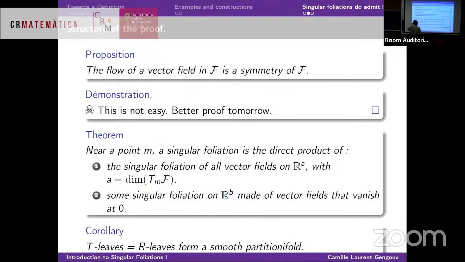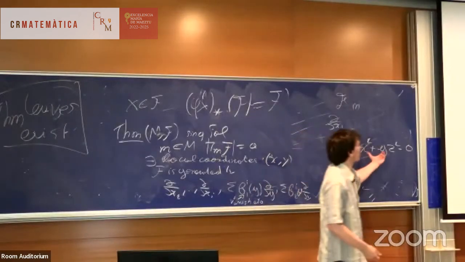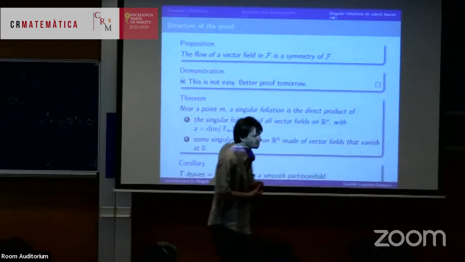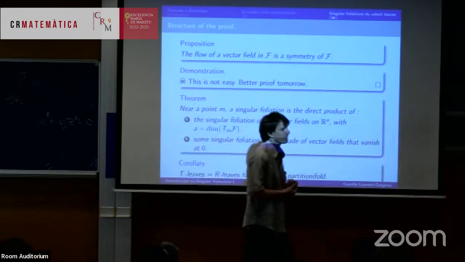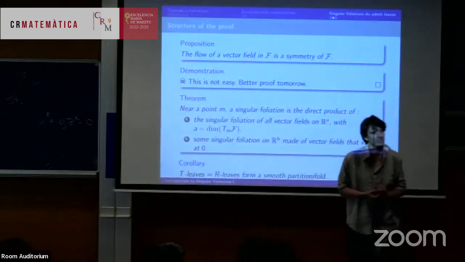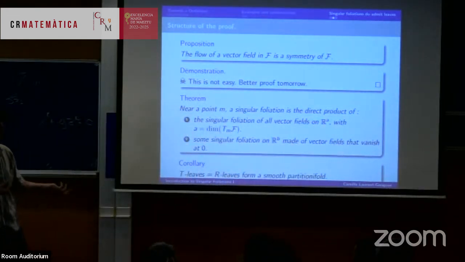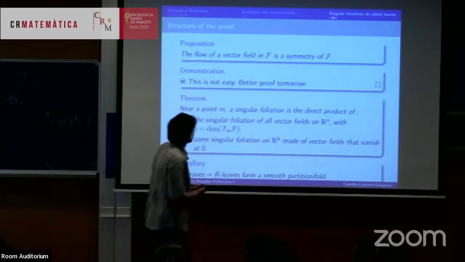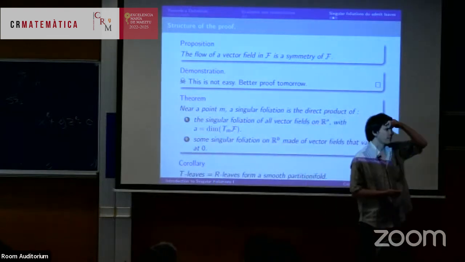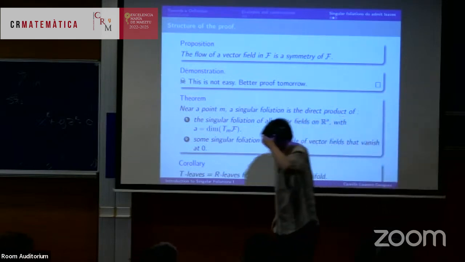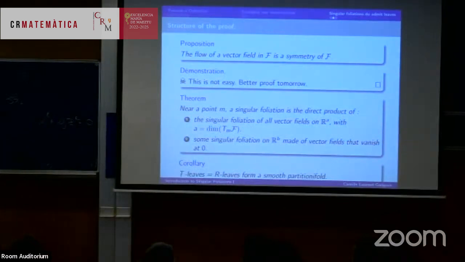Just think of a vector field scaled by a function, like a Whitney umbrella. But that's why I'm suggesting it would be like a geometric structure, like a Poisson structure. It has an underlying foliation. Yeah. These special types of models are like a geometric structure on a manifold. They have an underlying foliation too. So you are suggesting we could start with the underlying foliation. Yeah, probably. In fact, I don't know if there are smooth partition manifolds which don't come from this construction. That was going to be my next question. But I don't know. I think no. I think it's a good question. I don't know.